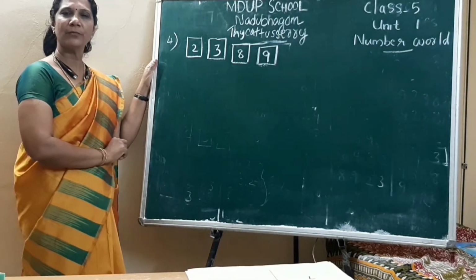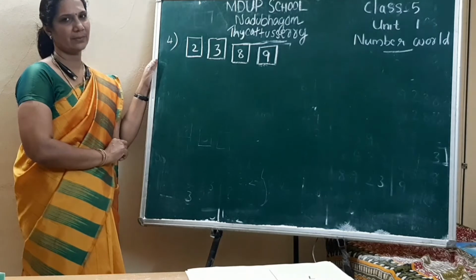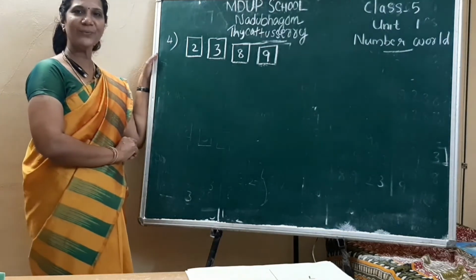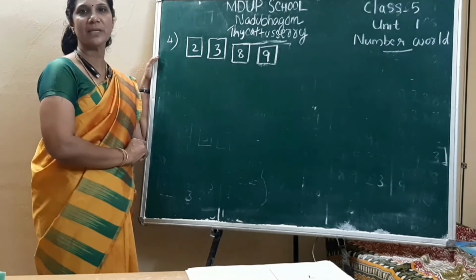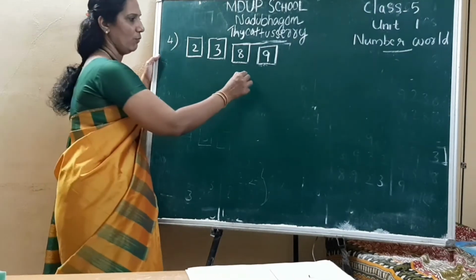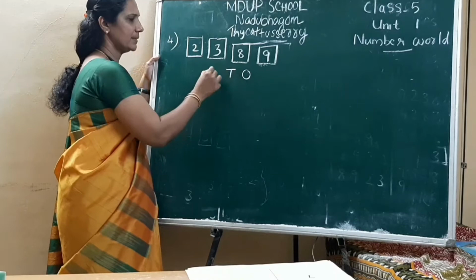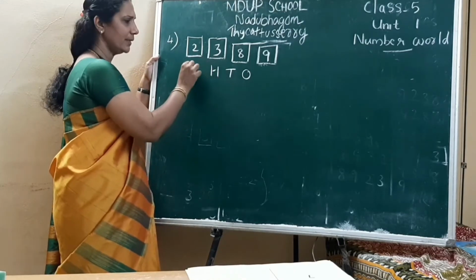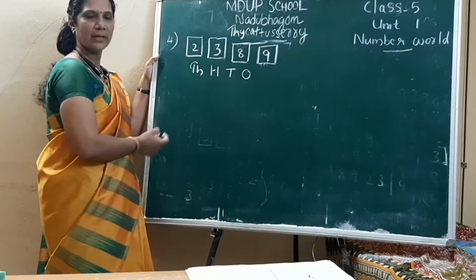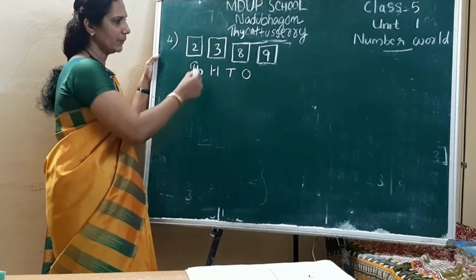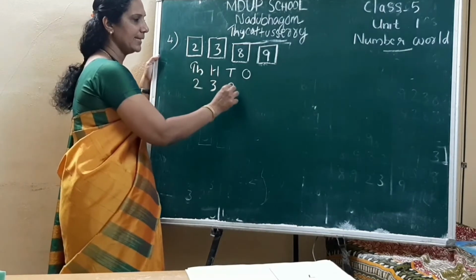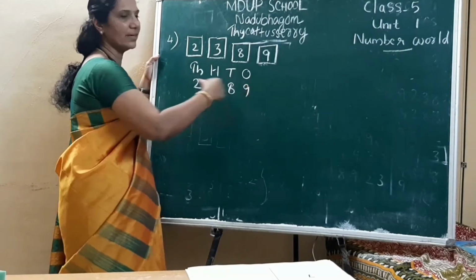Try to find the answers. What are the answers, all of you? Okay, we can discuss the answers. What are the place values in a four-digit number? Ones, tens, hundreds, then thousands. Okay, starting with 2: 2 in the thousand place, 3 in the hundred place, 8 in the tens place, 9 in the ones place.